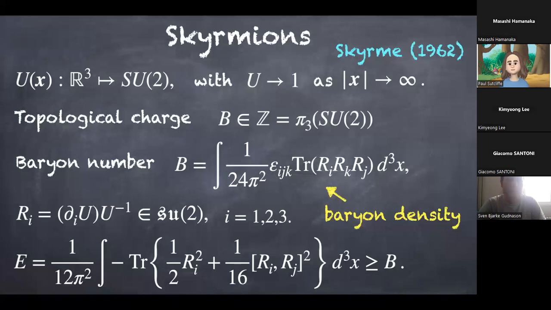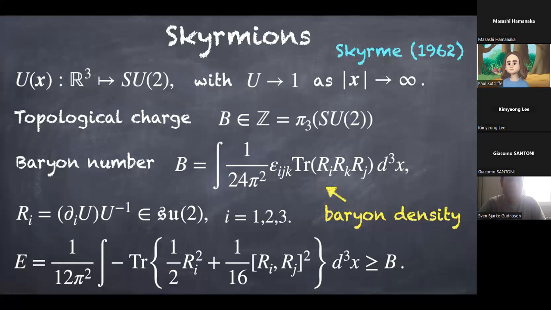So the energy is constructed, in suitable units, it's given there, from two terms. The first term is a sigma model term, so it's just something that's quadratic in derivatives. So it's got R squareds in it. And then the other term is called a Skyrme term. That is quartic in derivatives. So there's 4 R's in there.